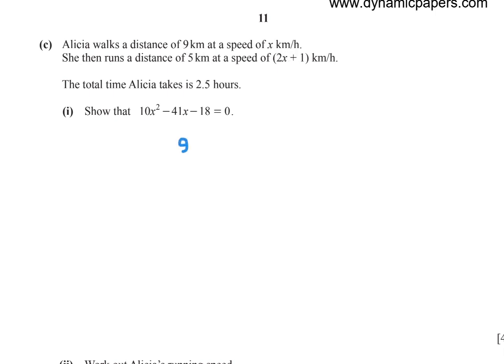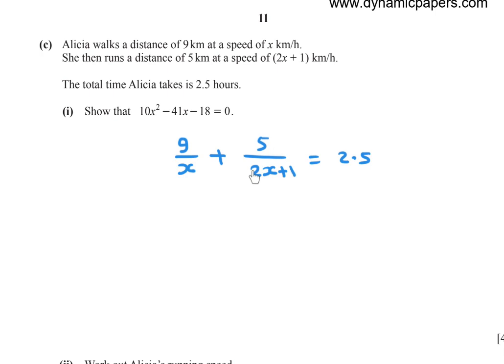So 9 divided by x. Plus, because I need the total time, the time for the second journey, the distance, which is 5, over the speed, which is 2x plus 1. So 9 over x plus 5 over 2x plus 1 equals 2.5.